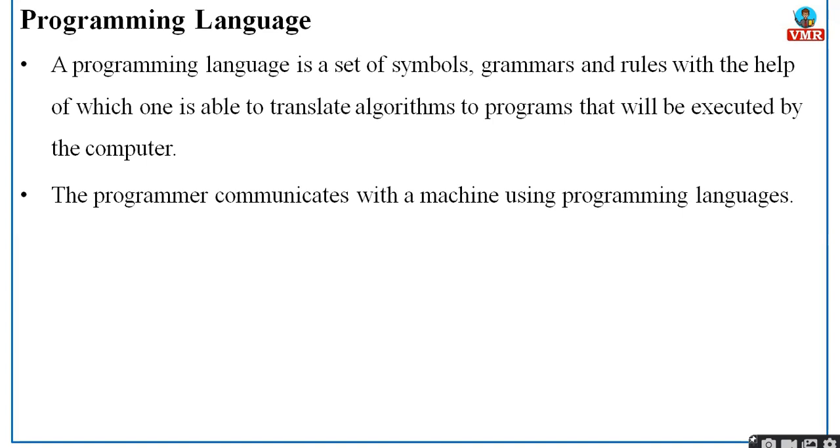So we are trying to communicate with the machine through some interfaces. In the example I gave, I'm doing all my work with MS Office, right? Here also, if you wanted to do some work with any programming language, you need to know it; the programmer should be able to communicate with the computer, right?